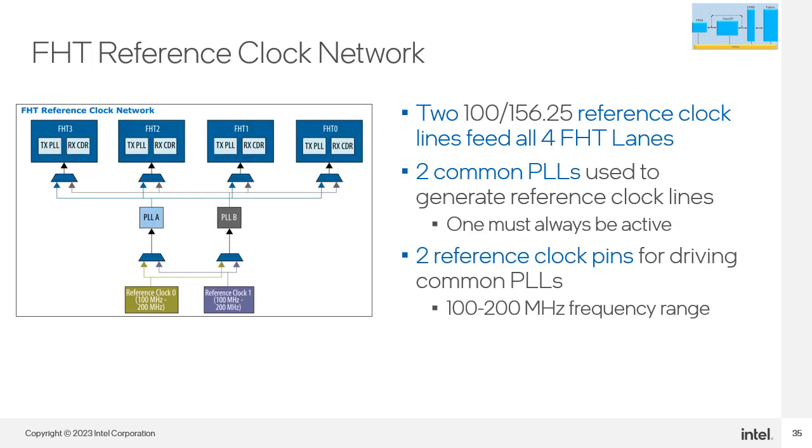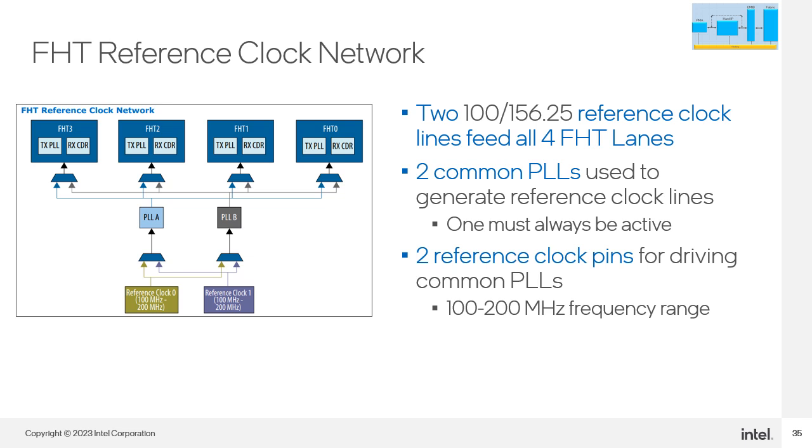The FHT reference clock network contains two clock lines that provide either 100 MHz or 156.25 MHz clocks to all four FHT PMAs. These clock lines are driven by the two common PLLs. As you can see from the diagram, each PMA can select from either reference clock line from either PLL.